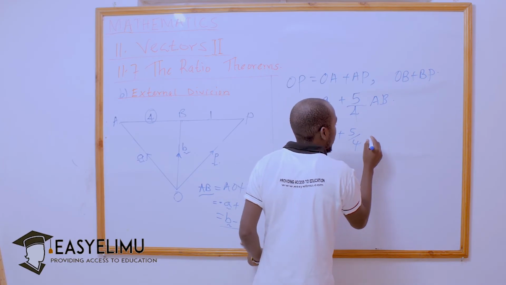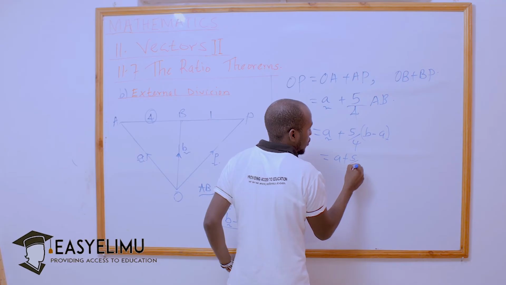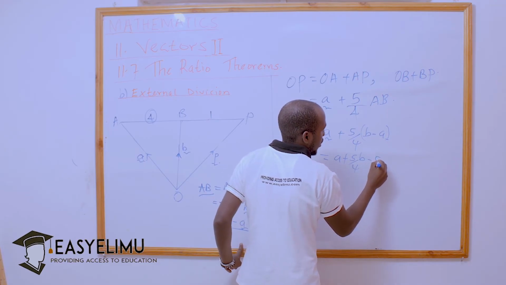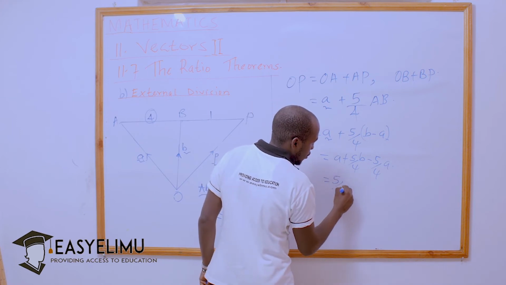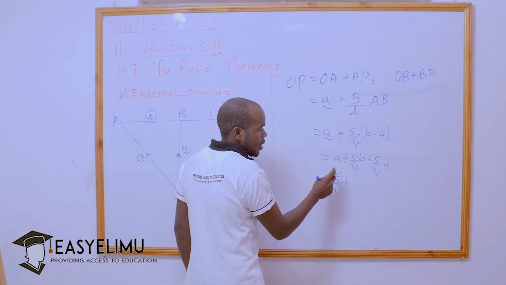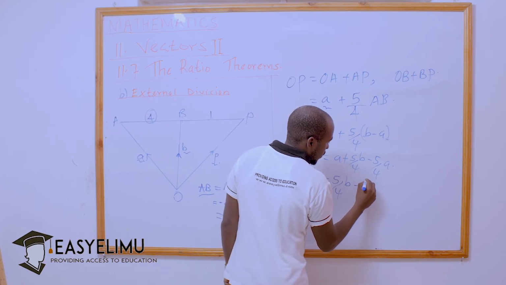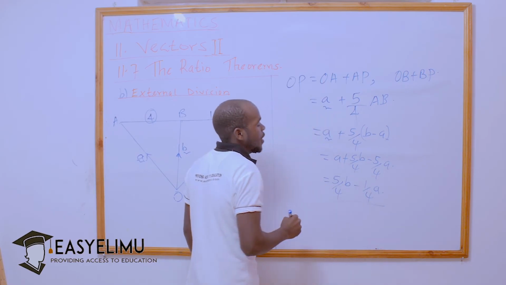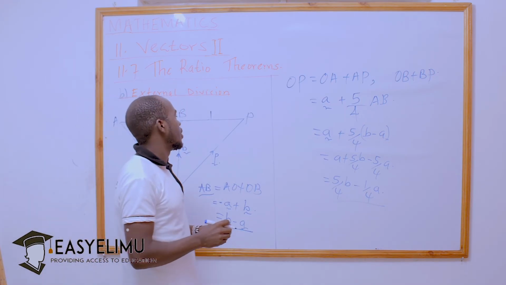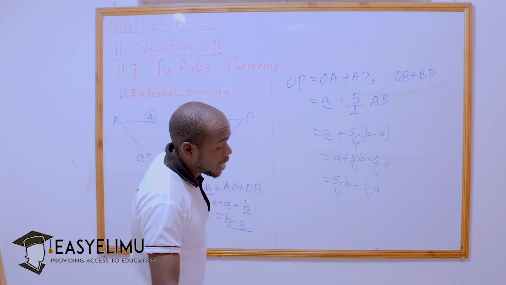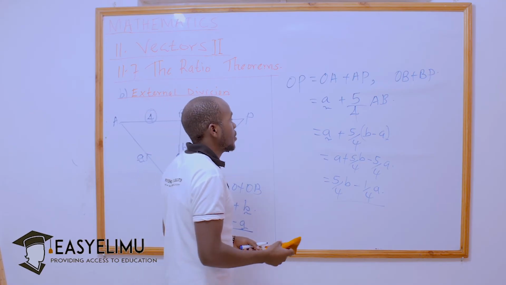AB we have found is B minus A. So this gives you A plus 5 over 4 B minus 5 over 4 A. On doing that, we get 5 over 4 B, then A minus 5 over 4 A gives minus a quarter A. That is the value of P in terms of B and A. You can use the other method, that is OB plus BP.